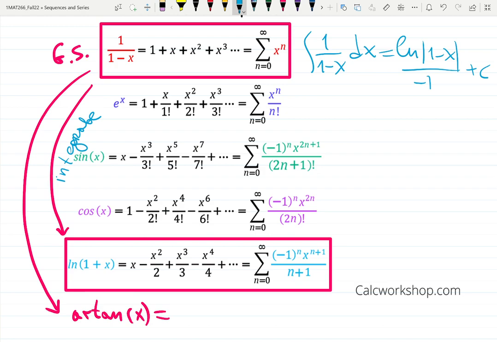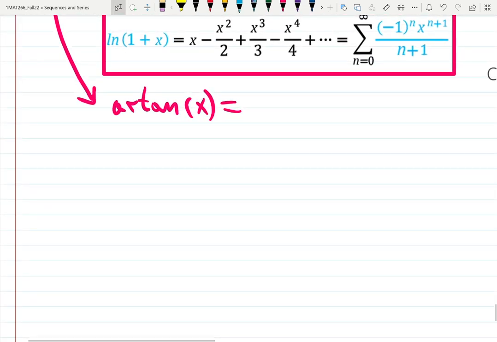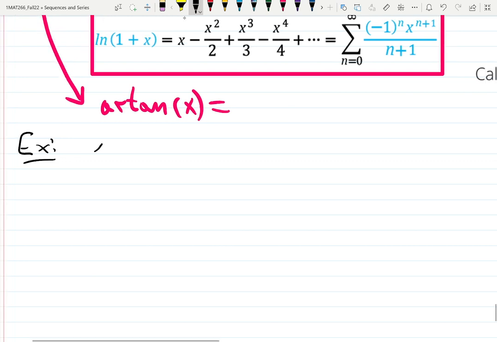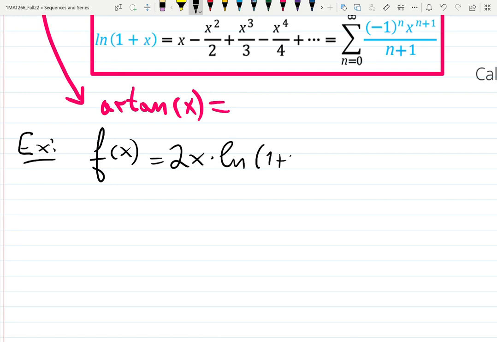So we're going to use this formula to do this homework problem, which is I think number 8 from 8.6. Example. If you have a function given as 2x times ln(1 plus 2x), find the series expansion for this function. Find basically the equal sign between the function and the series.